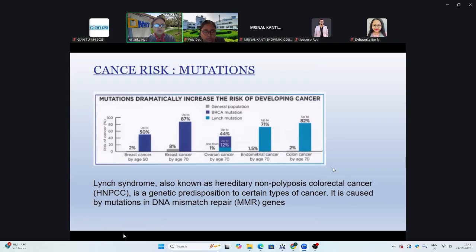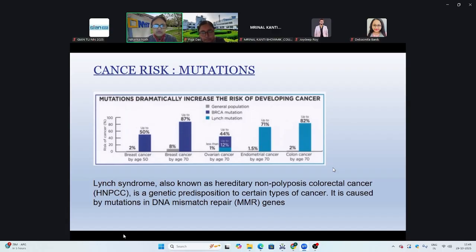This is just to show you that if it ran in the family, then having that mutation, or having another mutation, increases the risk a lot. So here we have just a couple, like breast cancer and colon cancer.